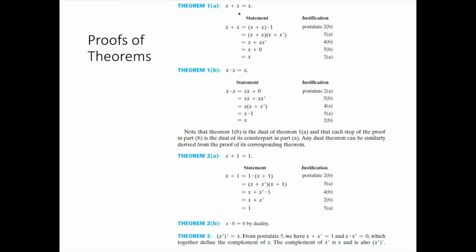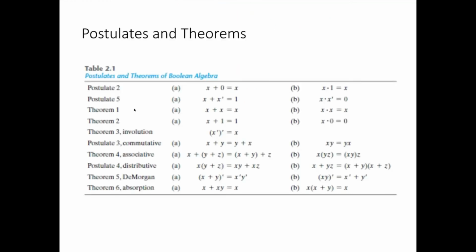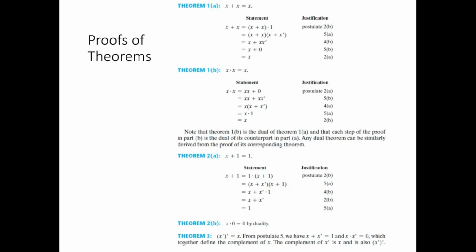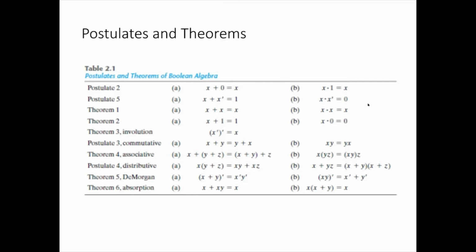So we'll look at theorem 1a to start with, which is right here. The statement says x or x is equal to (x or x) ANDed with 1, and this is from postulate 2b, okay? That's right here.